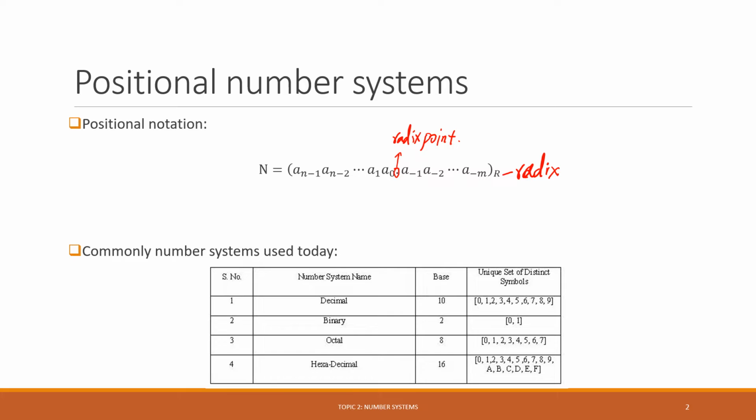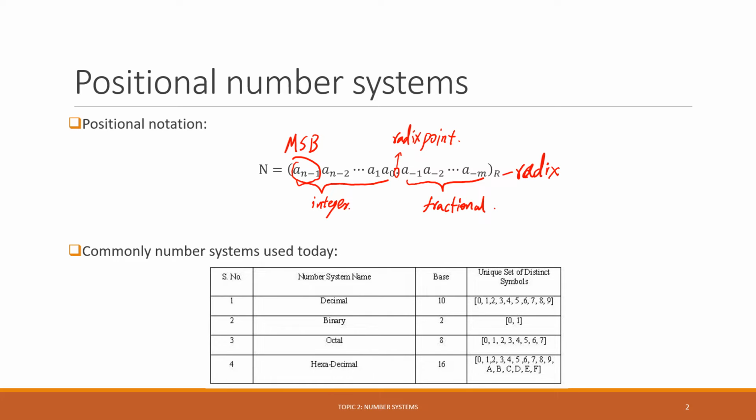And to the left of the radix point, we have the integer part, and to the right, we have the fractional part. The leftmost bit here, which is n minus 1, we call the most significant bit, or just MSB.